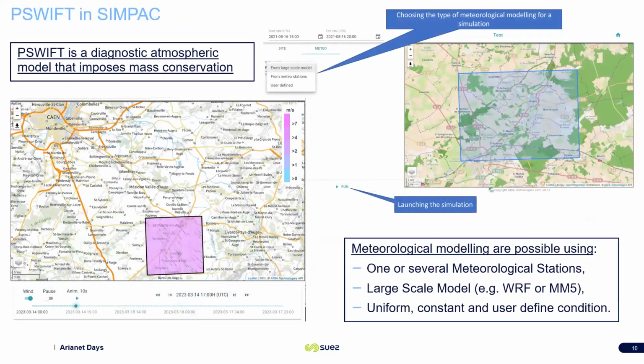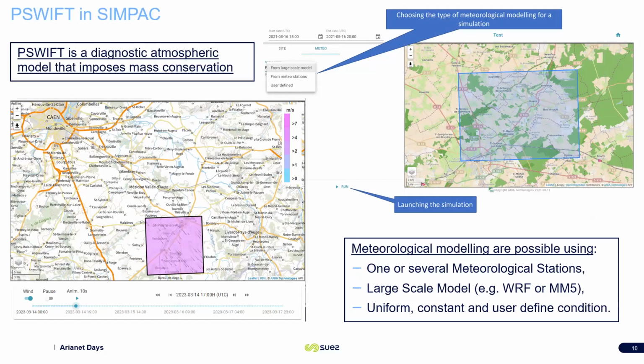The modeling part is done using PMSS that you all know very well. The only point I want to mention here, so PMSS is pSwift for the atmospheric modeling, and there are different available options for the meteorological modeling, namely using one or more meteorological stations, or a large-scale model like WRF or MM5, or a uniform and constant user-defined condition.